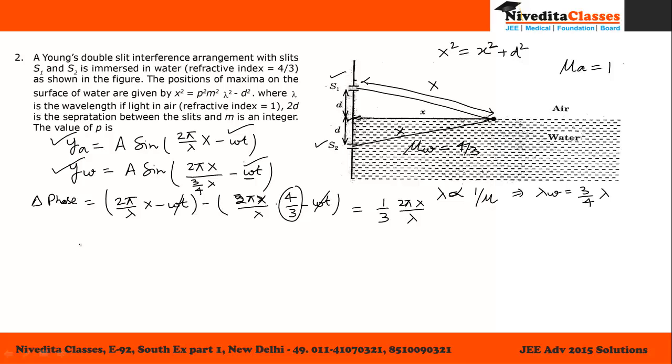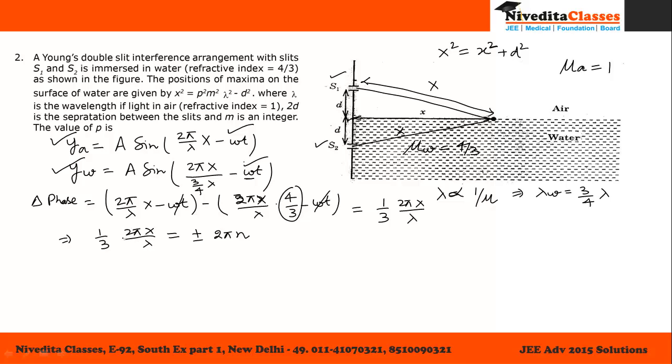Now this phase difference which is given to us, 1 by 3 into 2 pi capital X divided by lambda, should be an integral multiple of 2 pi. So it should be plus minus 2 pi into n, where I have taken n as a whole number which can vary from 0 to infinity.